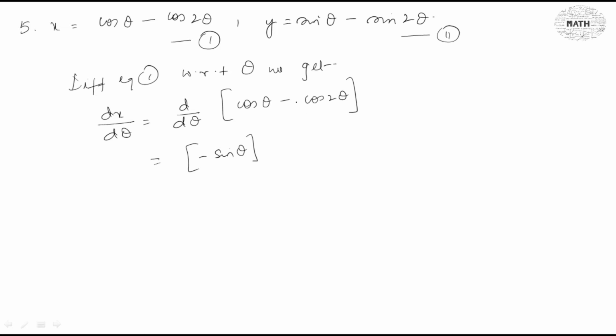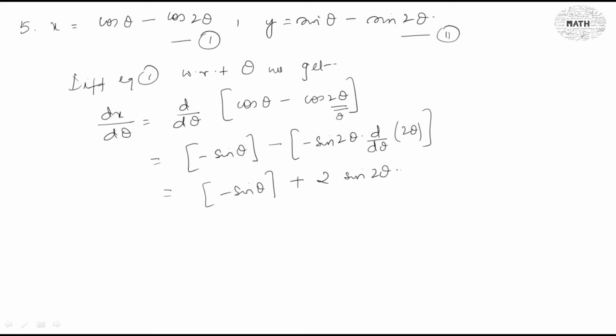Similarly, d by d theta of cos 2 theta, consider this one to be your theta, will be minus sine 2 theta, but that's not theta, so I have to differentiate again, d by d theta of 2 theta. So that will be minus sine theta, and then the minus and the minus is plus. So d by d theta of 2 theta is 2, so 2 sine 2 theta. I hope you're clear till there.